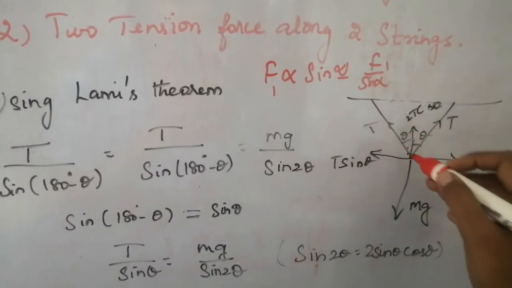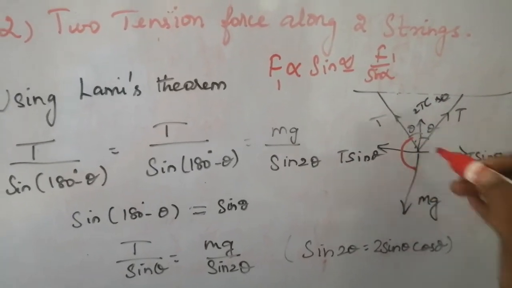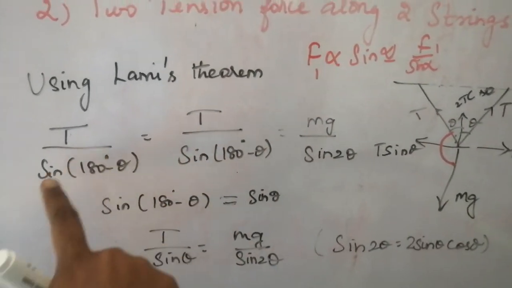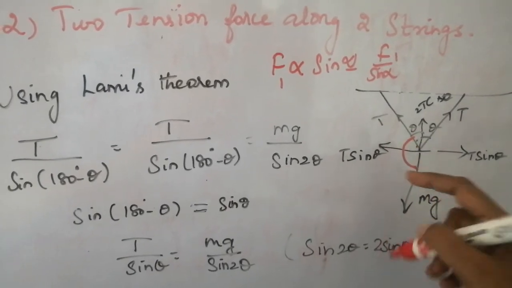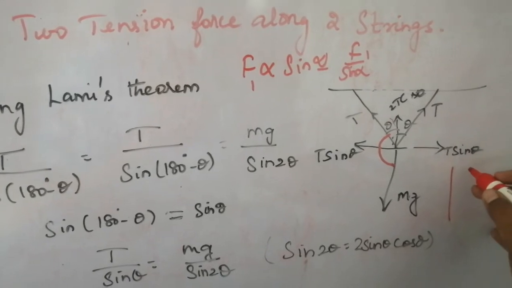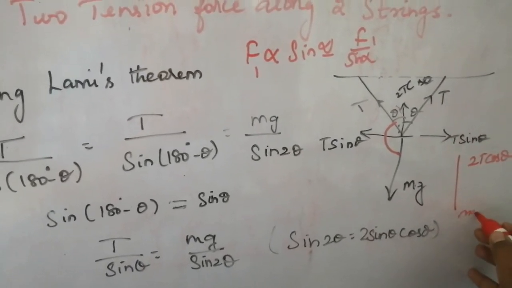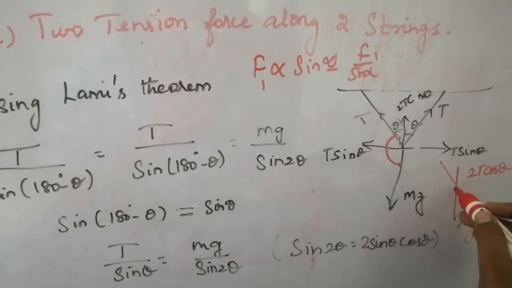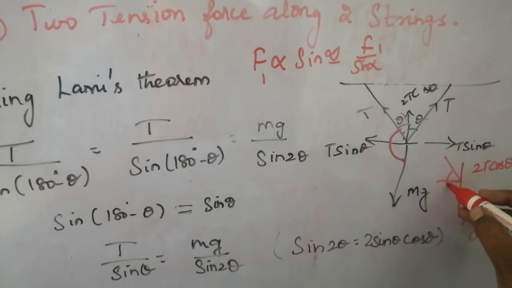The angle between the other two forces is this one. So tension T divided by the sine of, what is this angle you have to find? You know that this is a straight line. The top part is 2T cos theta and this one is mg. So we have to find this angle.